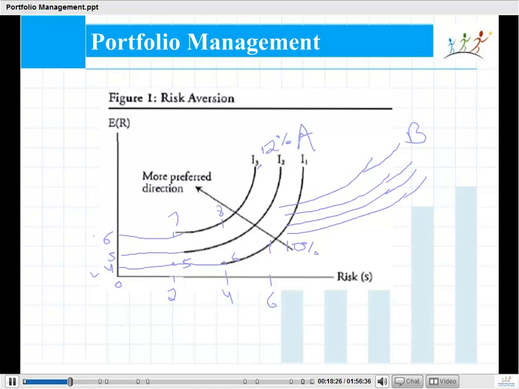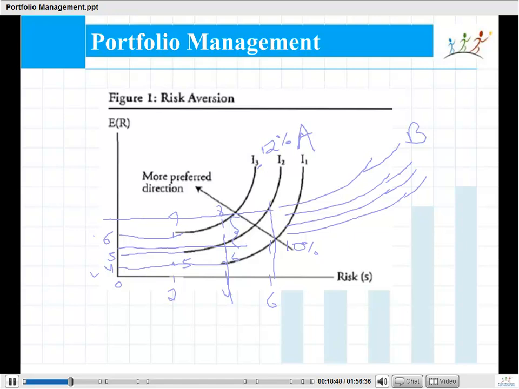For investor A, for taking one or two additional units of risk, what is the additional return that I have to promise? Very high. I have to give so much extra return for him to take additional risk.